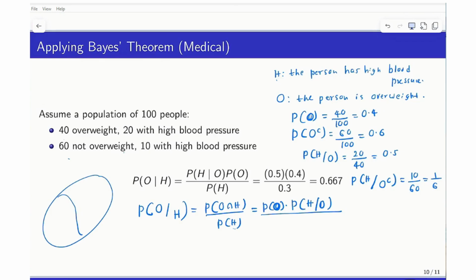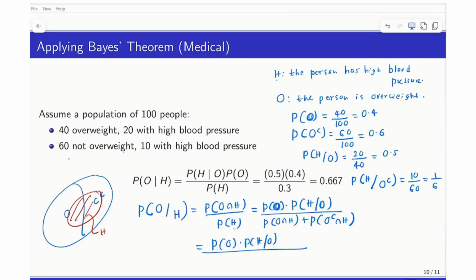We can divide like this: the next event is overweight or not overweight, then high blood pressure H. We can express this as the probability of O intersect H plus the probability of O complement and H. Then each of these we can represent again as the probability of O times the probability of H given O, plus the probability of O complement times the probability of H given OC.